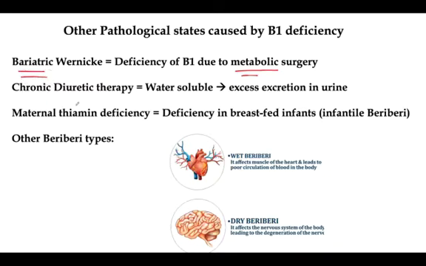And also because B1 is a water-soluble vitamin, due to chronic diuretic therapy, there is increased excretion of vitamin B1, which leads to its deficiency. Further, there is maternal thiamine deficiency, which leads to deficiency of the particular vitamin in breastfed infants, and this particular condition is known as infantile beriberi.